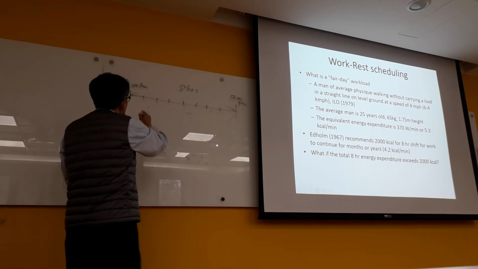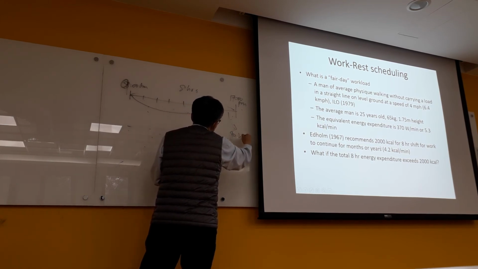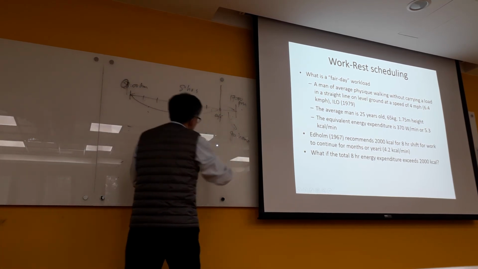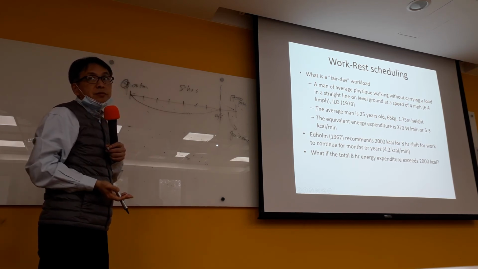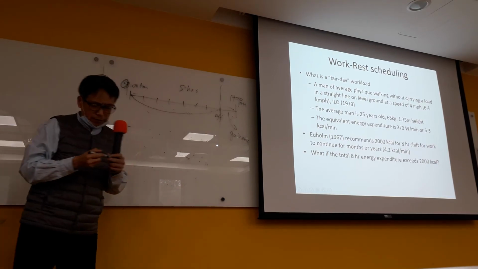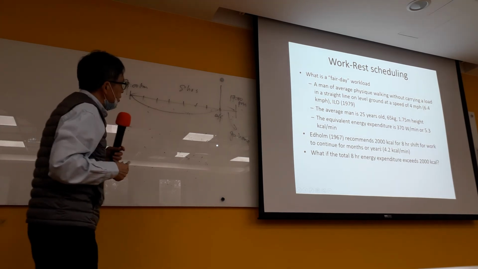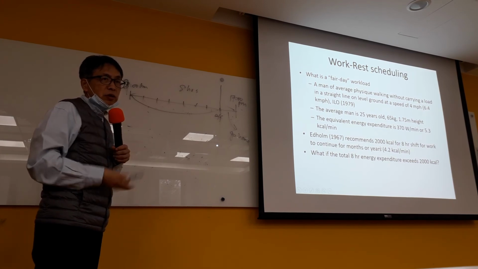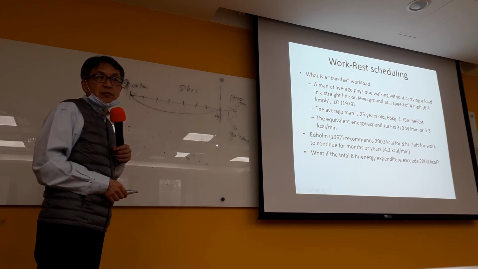So you can do this. You ask this guy to work and then off here. And then go home. So this guy only works for 7 hours and then goes home. That's one possibility. Is this good? Yeah. Some companies prefer this because most workers prefer this, right? Because you can go home early.